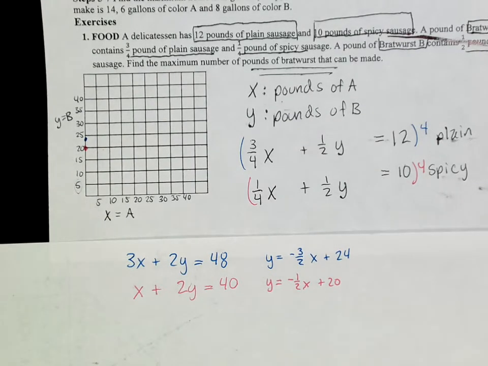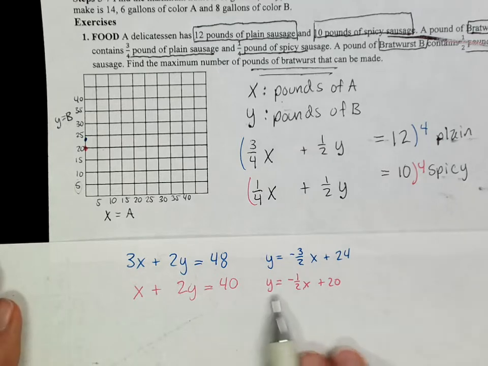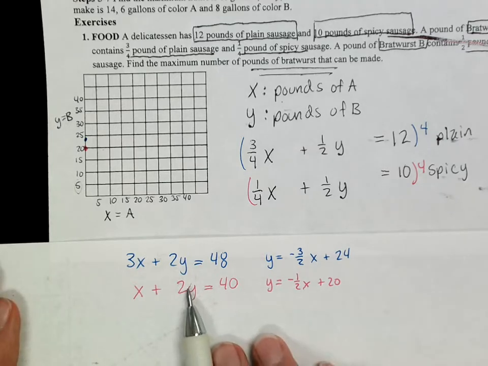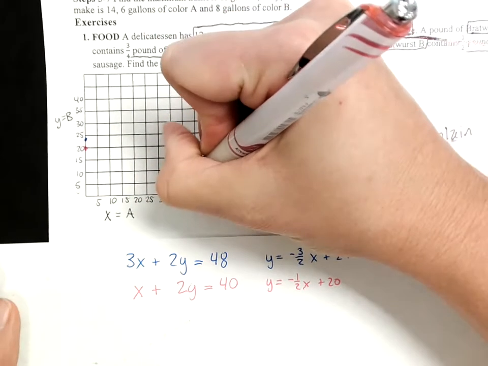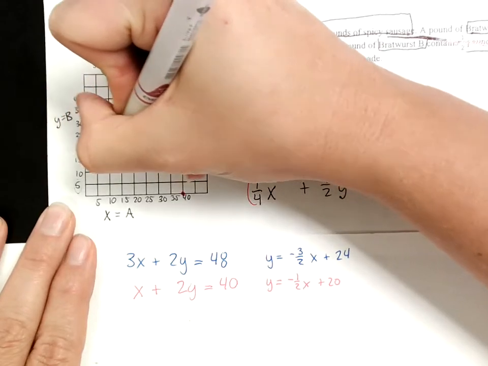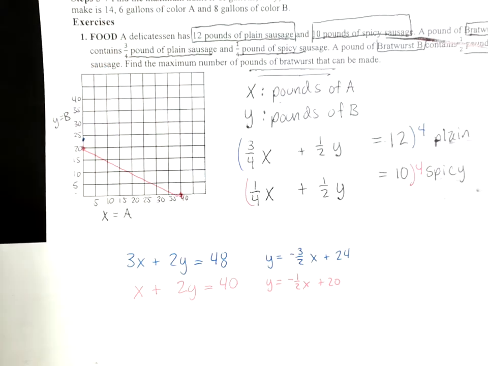But from there, instead of trying to graph my slope for this, because again, those are terrible points, what I'm going to do instead is find what would the x-intercept be. Well, the x-intercept for the pink line, you can use this equation or you can use this equation. If I plug a 0 in for y, that gives me my x-intercept at 40. So from here to here.